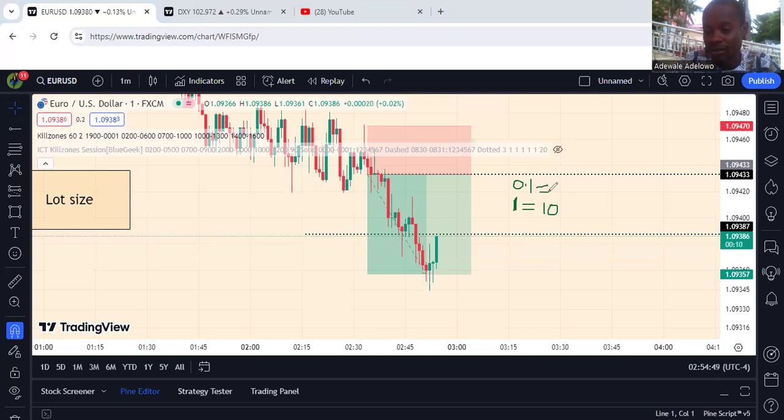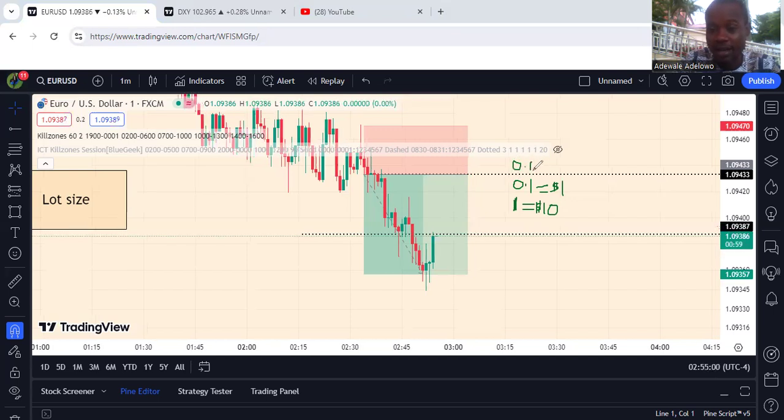What's the dollar value? It's $1. If you want to use the smallest lot size, 0.01, the dollar value is 1 cent. That's $0.1. So if I decide to use what?